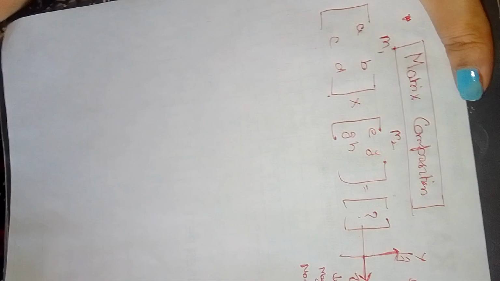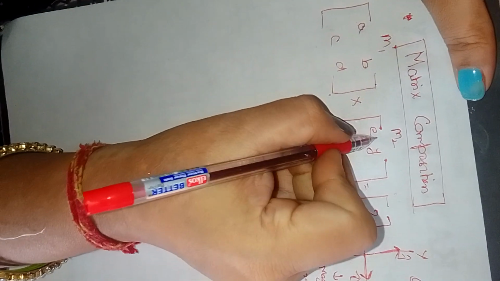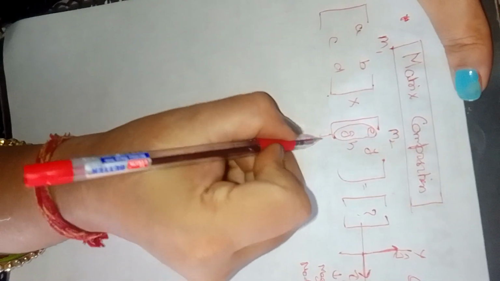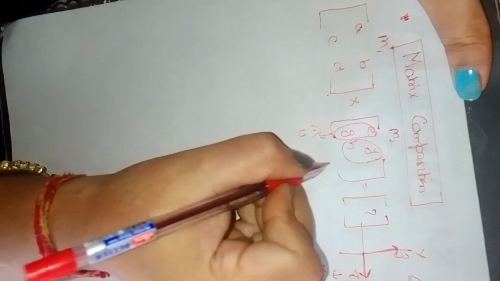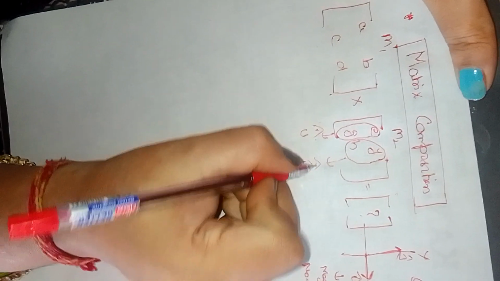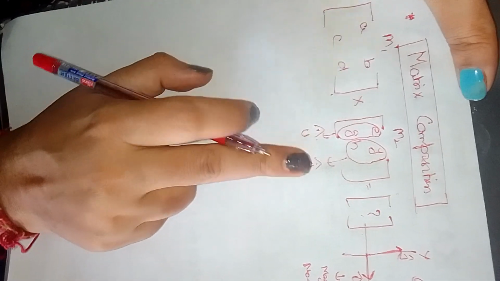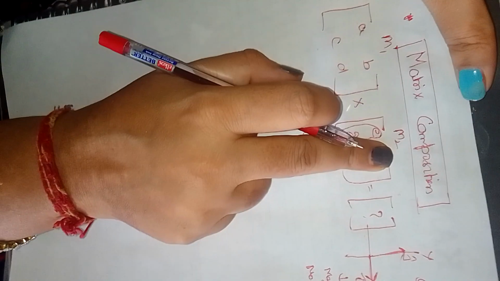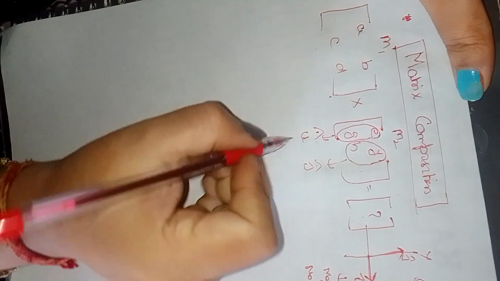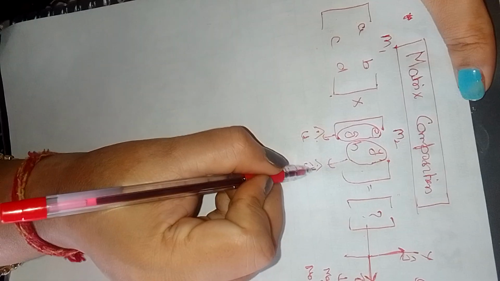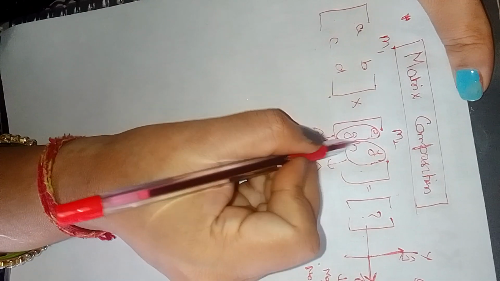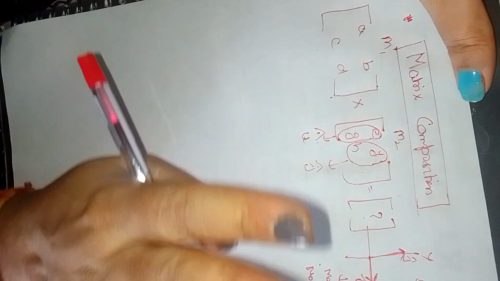We have to find out what the next outcome would be for this matrix. We would consider this as the i scalar, and this as the j scalar. I scalar and j scalar are the main things, and M1 and M2 are matrices.